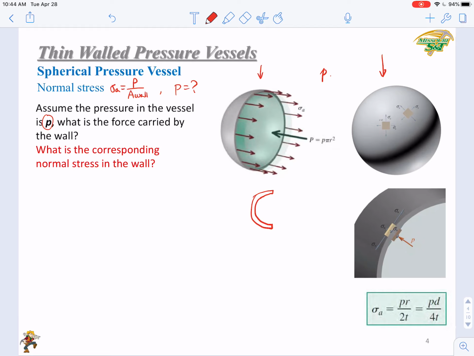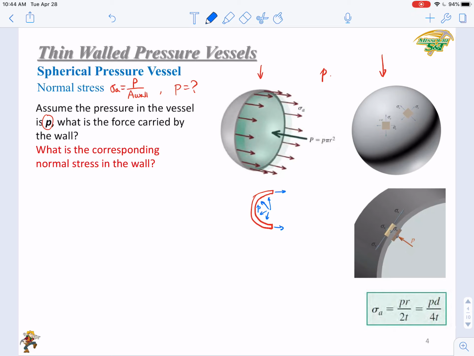We get a half circle, subjected to inner pressure p. So the force is here to balance this force, and this force is generated by this inner pressure p.